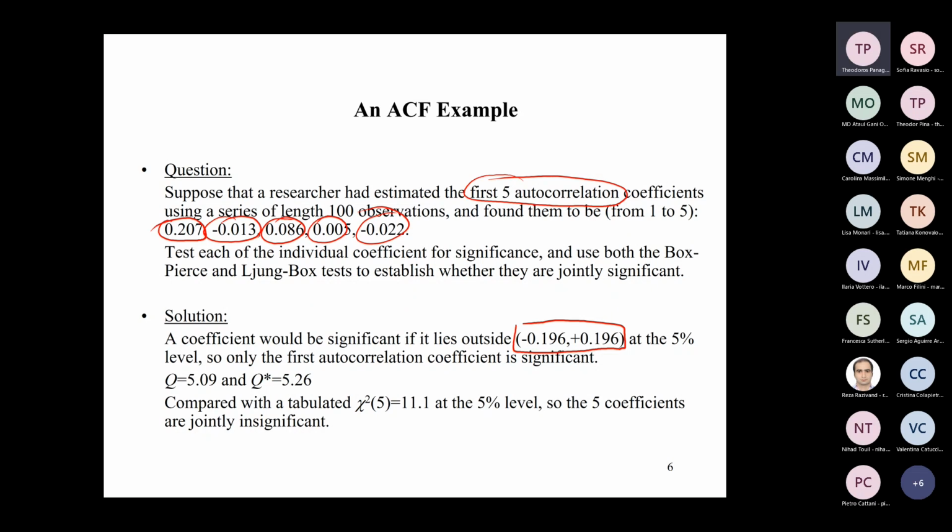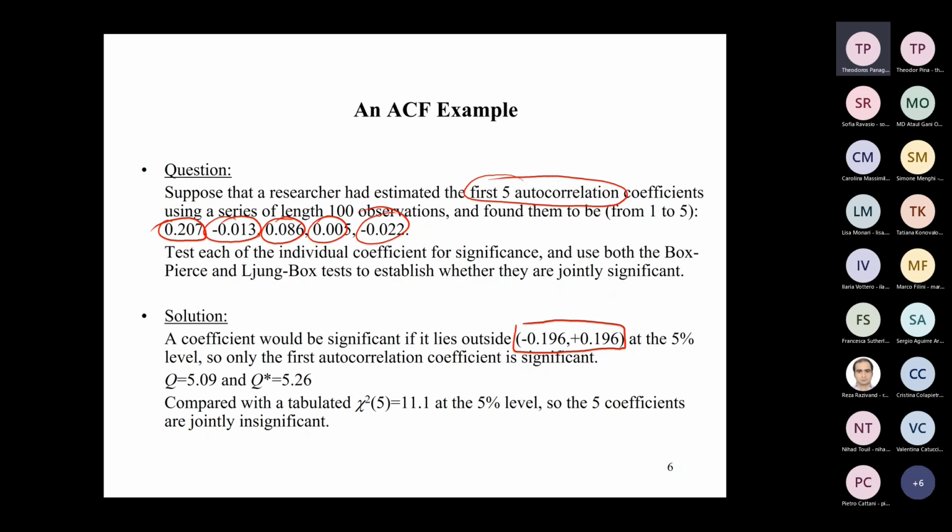Given the confidence interval, which autocorrelation coefficient is significant? The first one, as it is outside. Only the first one is significant. All the others are not significant.